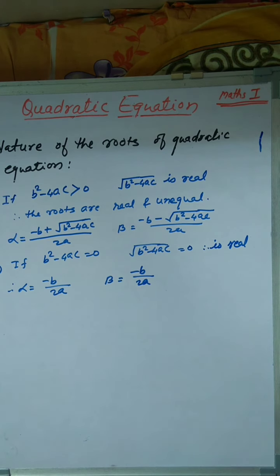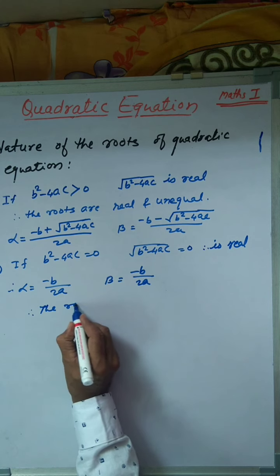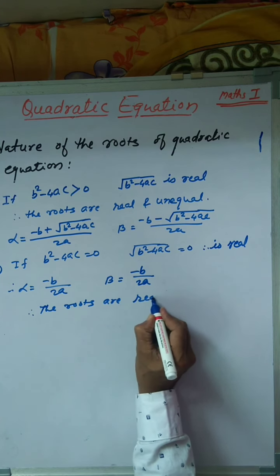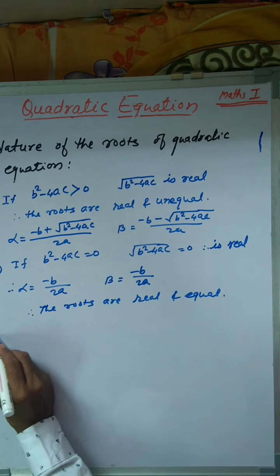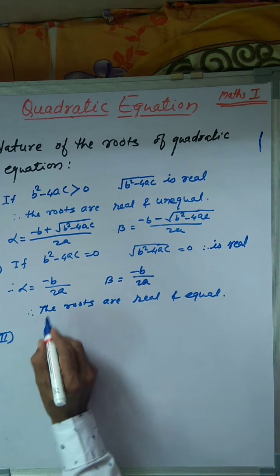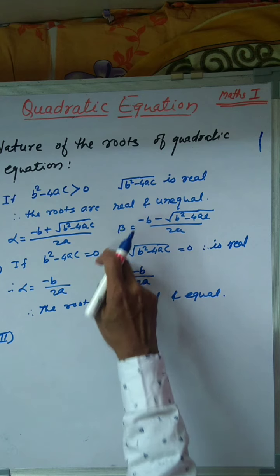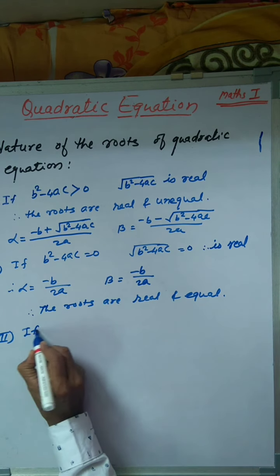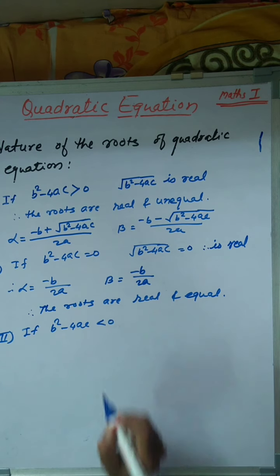That means if b² − 4ac is equal to 0, then the roots are real and equal. And third, first we did b² − 4ac positive, then b² − 4ac equal to 0, and now third, if b² − 4ac is less than 0, that is negative.